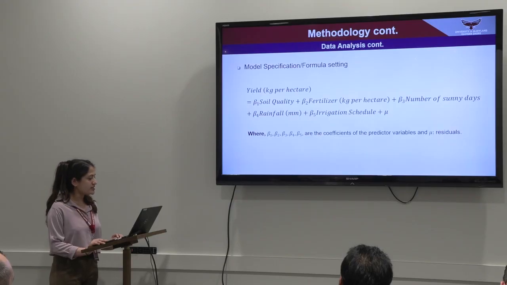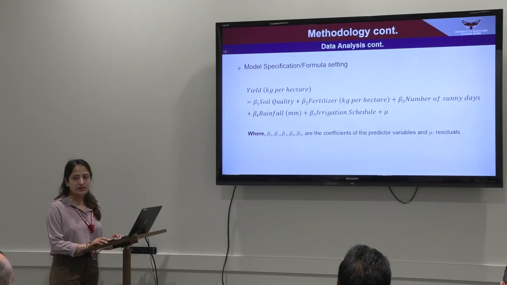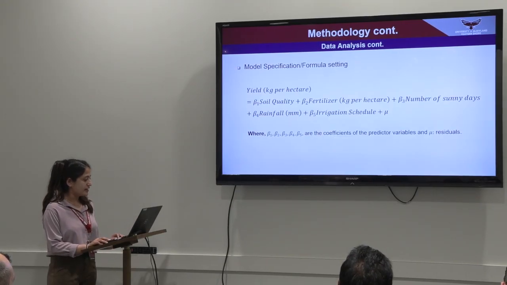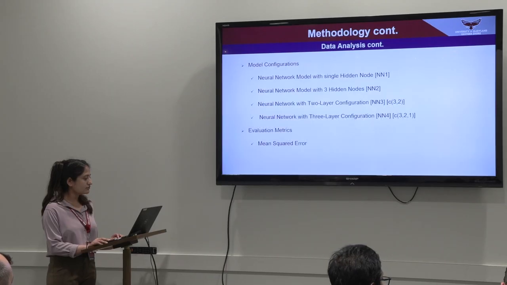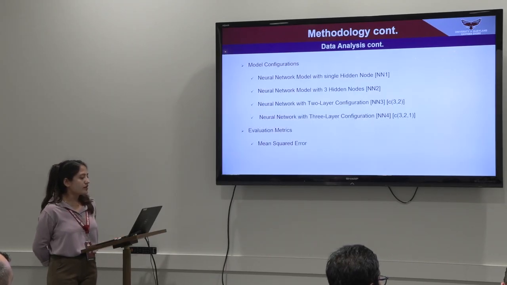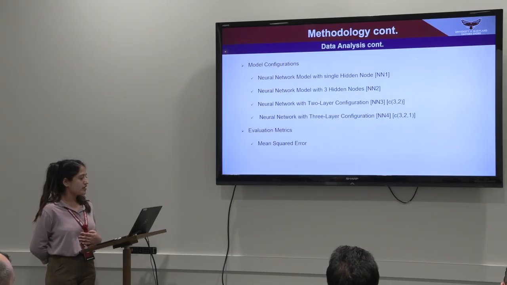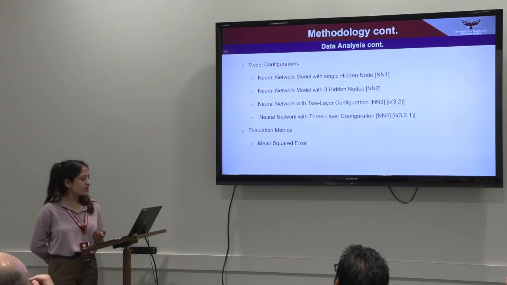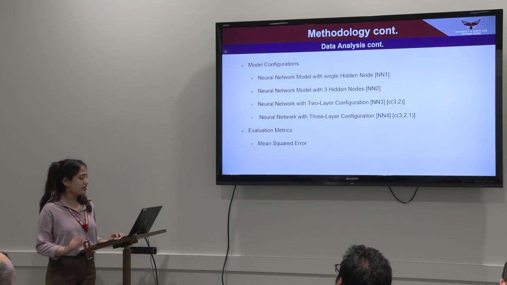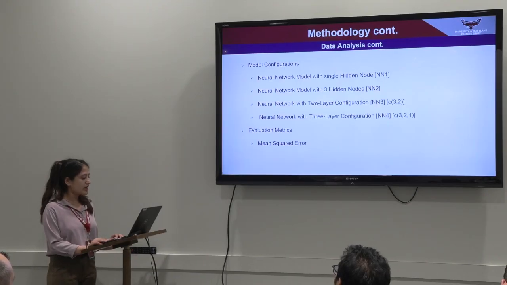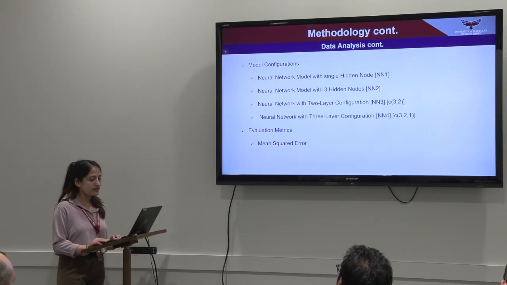This is the model we specified for our 5 predictor variables and one dependent variable. We configured the neural network model into 4 different configurations. First one is the neural network model with a single hidden node, and another is the neural network model with 3 hidden nodes. Third one was the 2-layer configuration with 3 hidden nodes in the first layer and 2 hidden nodes in the second layer.